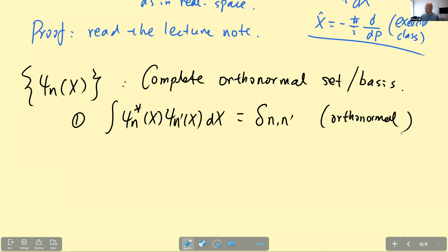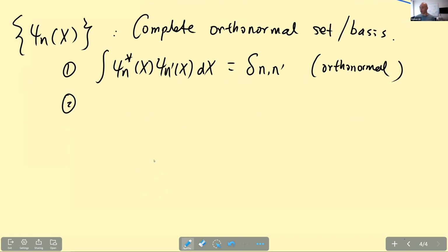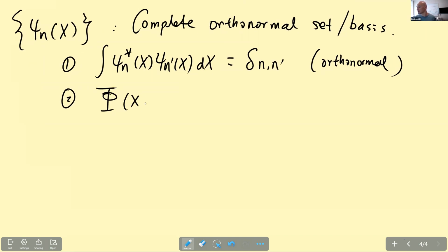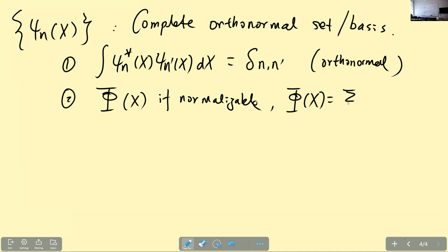Okay. The second fact is that for any normalizable function, if the function is normalizable, we can always expand this one in terms of its eigenstates. Okay, and of course, the coefficients can be easily obtained by the orthonormal condition.